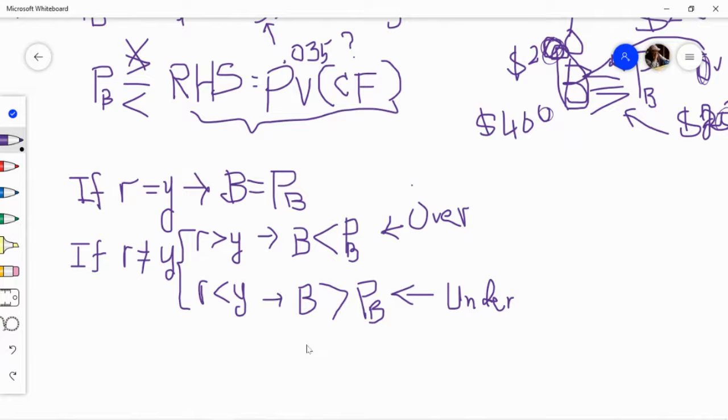The price won't go up above the intrinsic value, because once it reaches intrinsic value, there's no more room for profit, so there's no incentive to buy that, right?